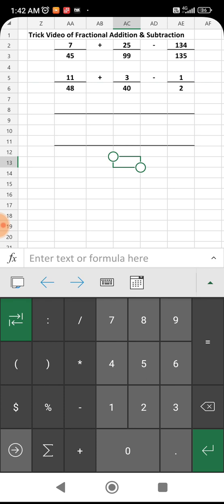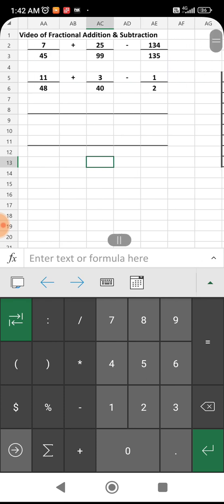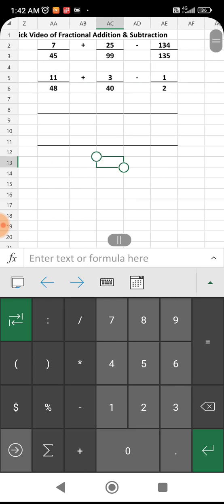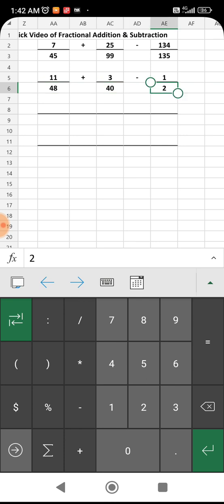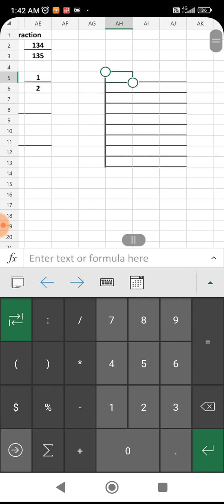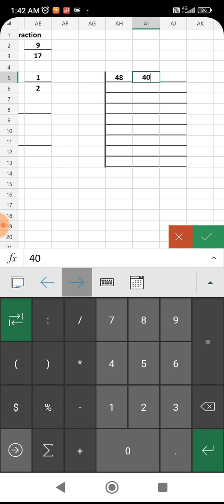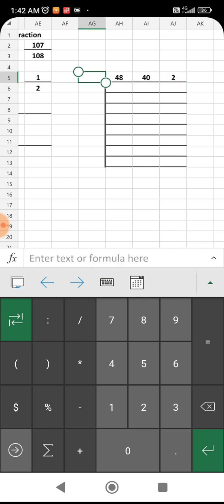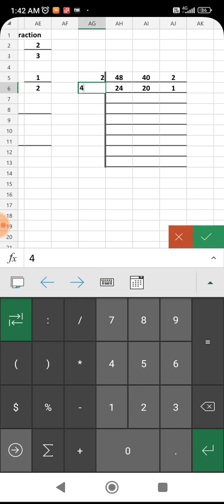So what we have to do first is take the LCM of these three numbers, 48, 40 and 2. I am writing the numbers 48, 40 and 2. Obviously 2 is the first, next we can take 4.